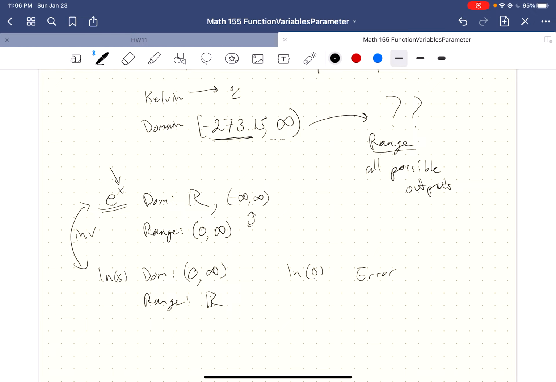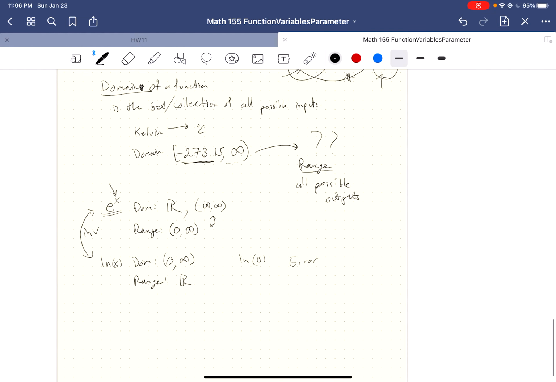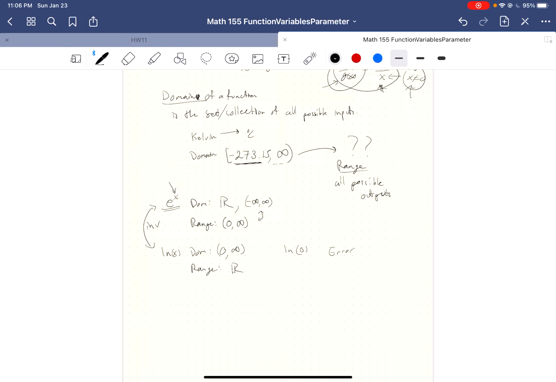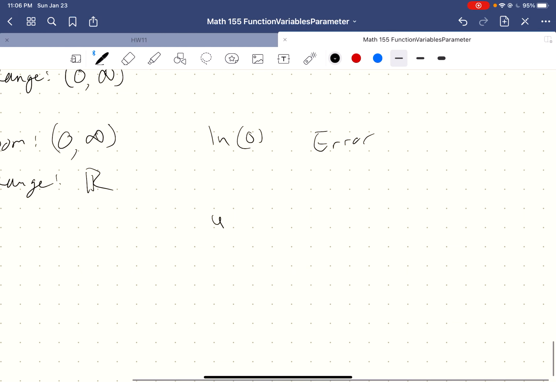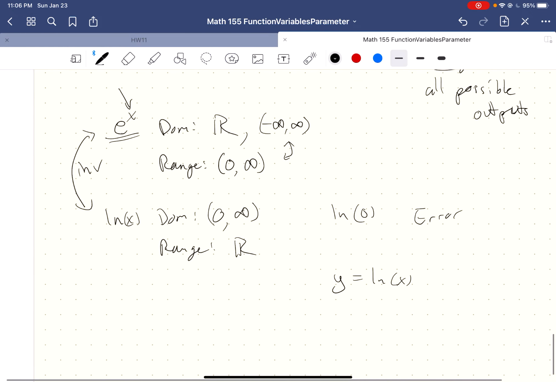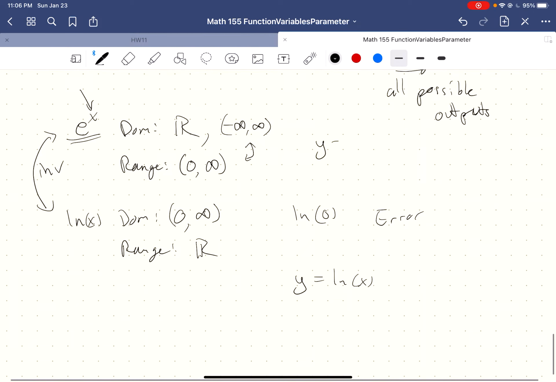It's all real numbers. Okay. So no matter what number you want to hit, you think of your favorite number, whatever it is, call it y. You can find an x such that y is equal to natural log of x. That's not true if I claim y is equal to e to the x. For example, you can never solve negative 1 is equal to e to the x. It doesn't happen. Okay.